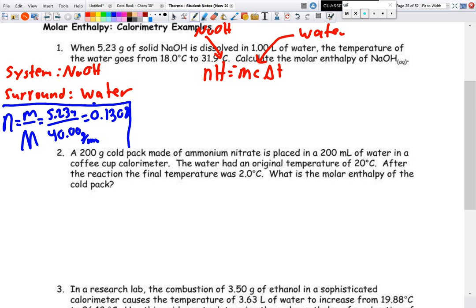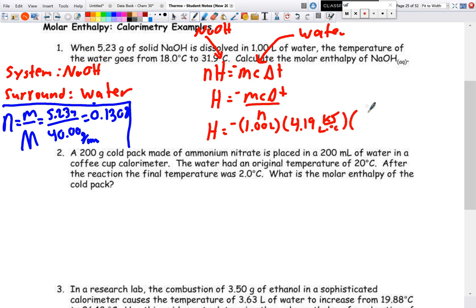So, if you want to just rearrange and solve right away, you can, or you can put in the numbers here. I like to rearrange and solve in one shot, because we know we're solving for molar enthalpy: negative MC delta T over n. And I can put in all my values. So I know negative, the mass of water is 1.00 liters, specific heat capacity is 4.19 kilojoules per liter degrees Celsius, and the change in temperature is 31.9 degrees Celsius minus 18.0 degrees Celsius.